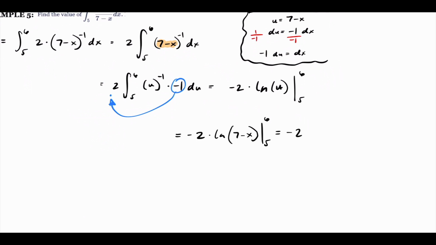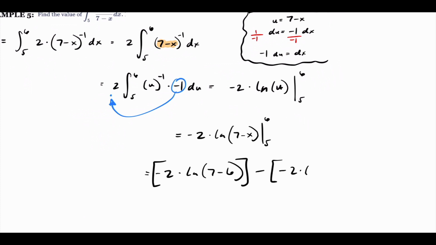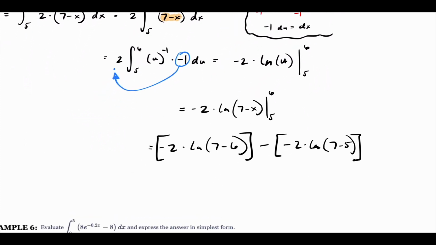So negative 2 times the natural log of 7 minus 6, minus negative 2 times the natural log of 7 minus 5. Finish it. What do you get?